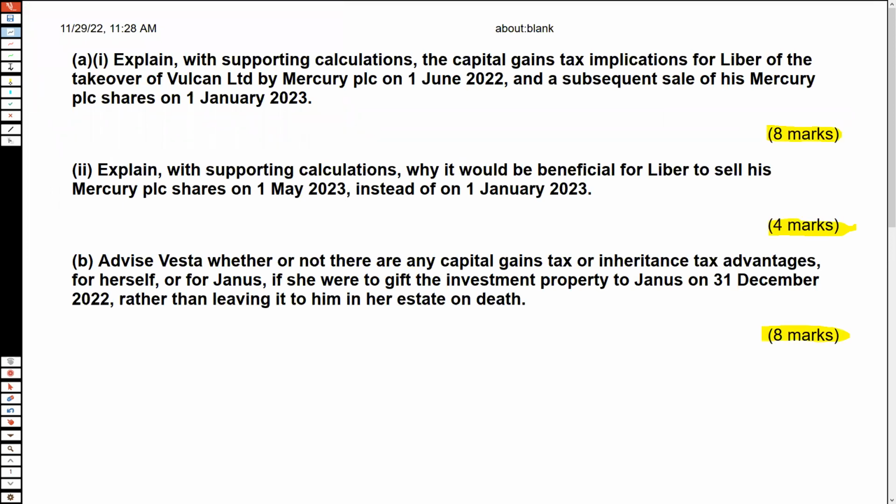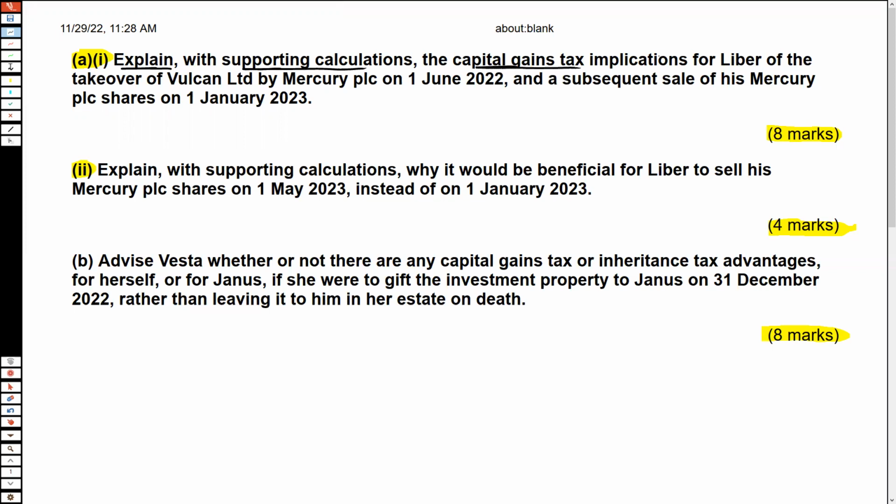In requirement A1, and that is requirement A2, explain. These words are very important to understand, to apply. Explain means you have to write, you have to narrate, but with the supporting calculations.